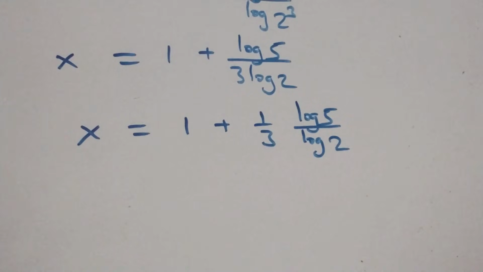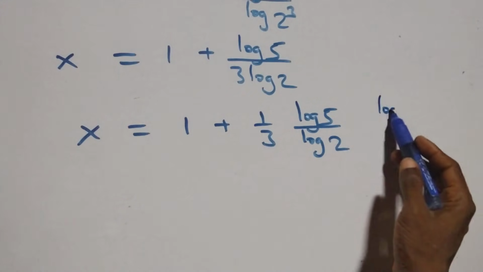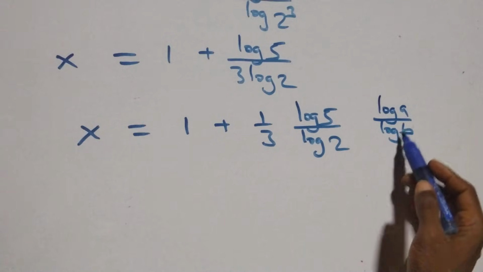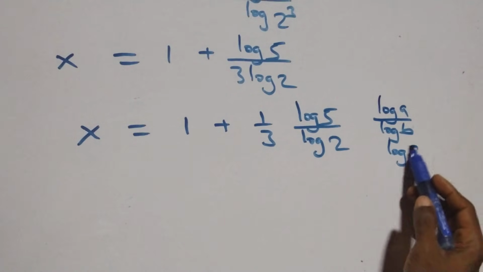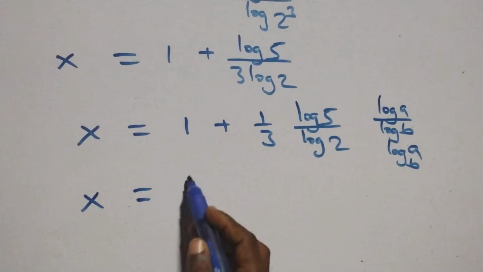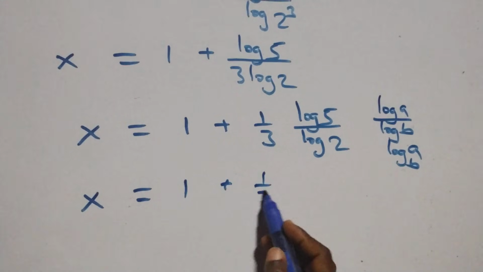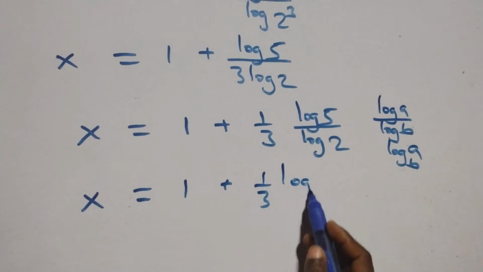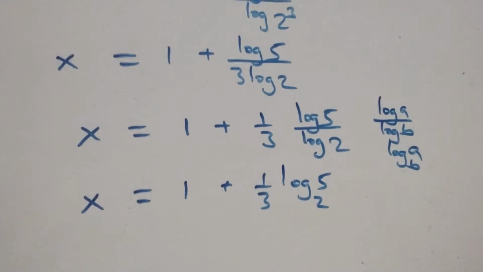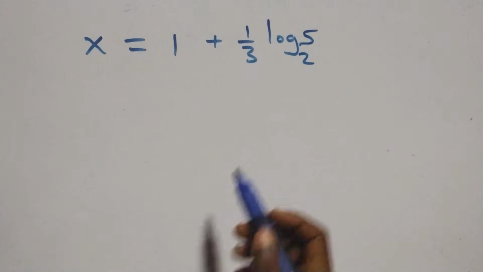Then we apply change of base. When we have log a over log b, this is the same thing as log a to base b. That is, x equals 1 plus 1 over 3 log 5 base 2. Then we bring this together as one fraction.